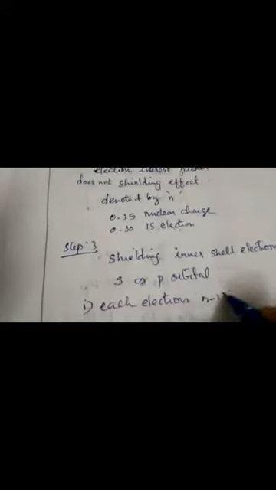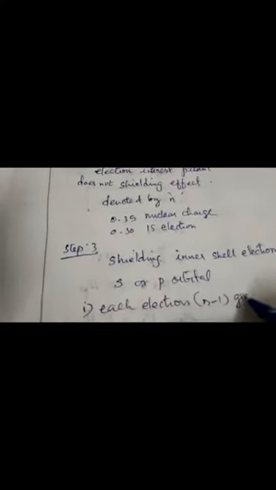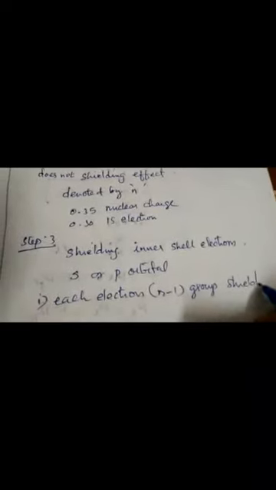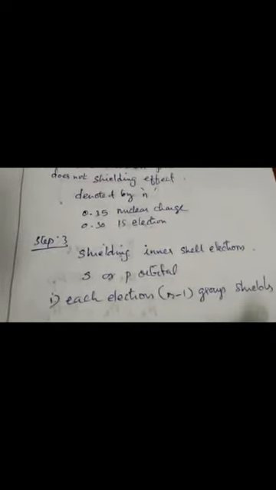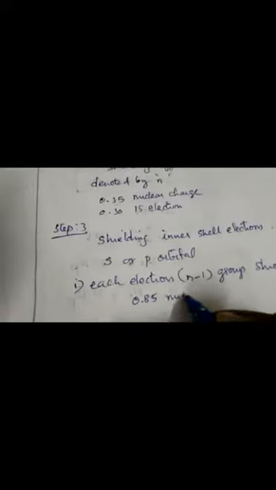First one, each electron within the n-1 group shields 0.85 unit of nuclear charge.